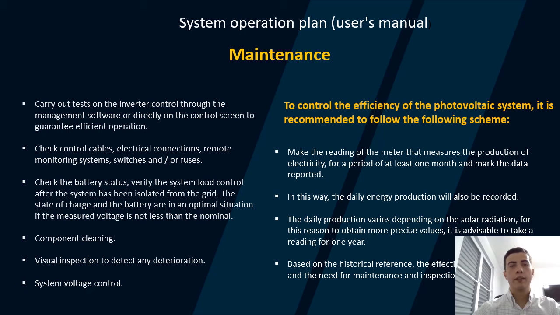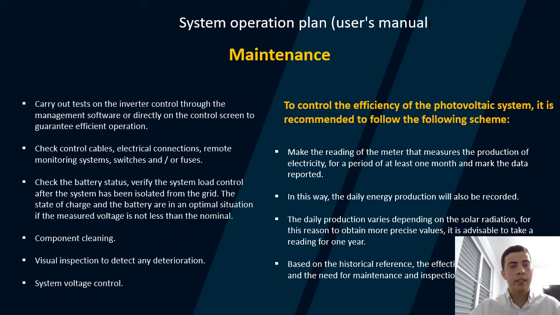In this part, we have the maintenance of the system. Carry out tests on the inverter control through the management software or directly on the control screen to guarantee efficient operation. Check control cables, electrical connections, and remote monitoring system switches.